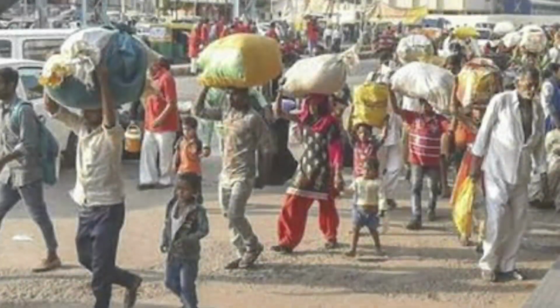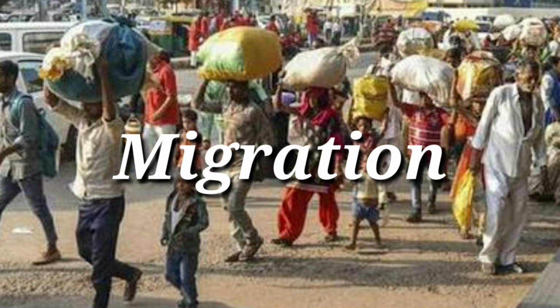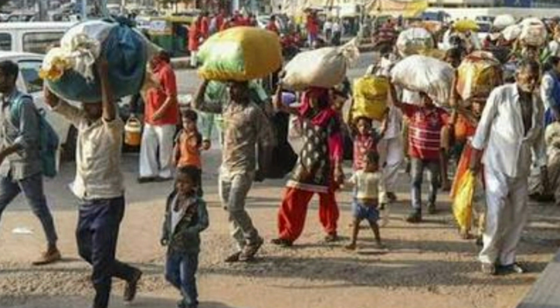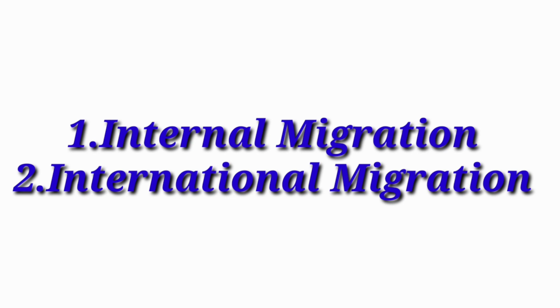The third reason of population change is migration. Migration is the movement of people from one place to another place due to various reasons across regions and territories. Migration can be divided into two types. One is internal migration and the second one is international migration.